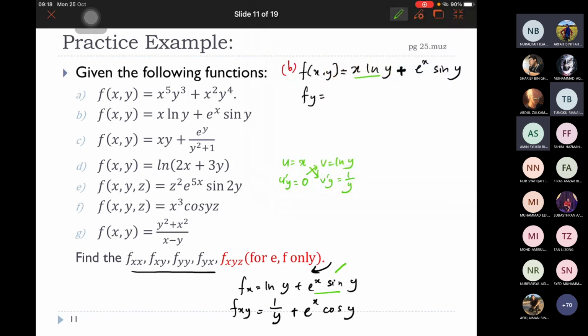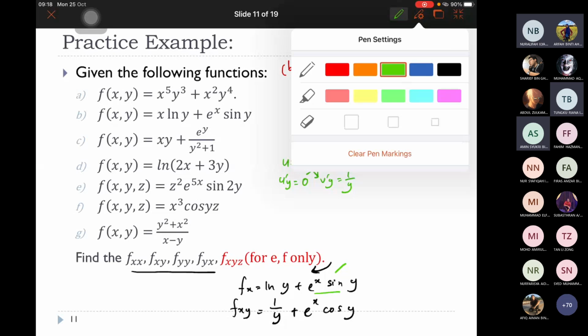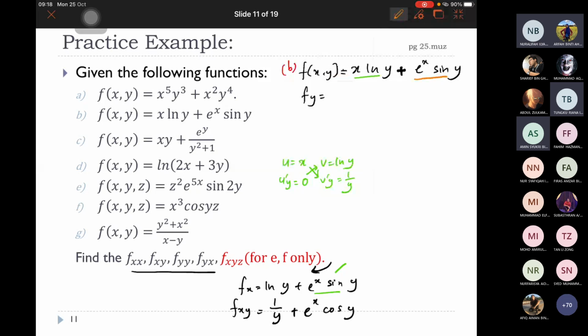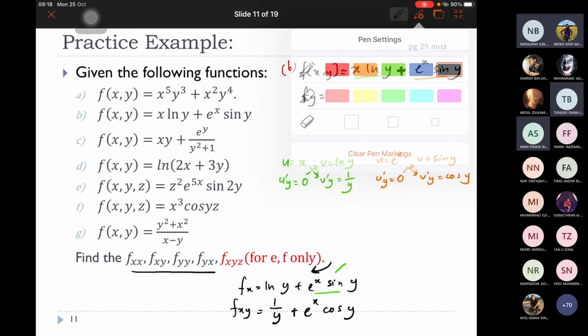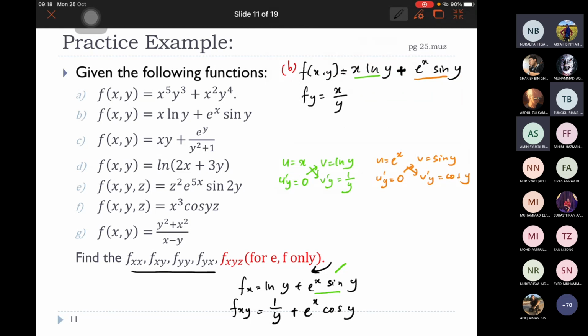So daripada sini, u sama dengan, the second term, you are going to have this one. u sama dengan exponential x, u prime y equal to 0. v equal to sin y, v prime y equal to cos y. So darab silang. So akan dapat jawapan dia x over y plus exponential x cos y.